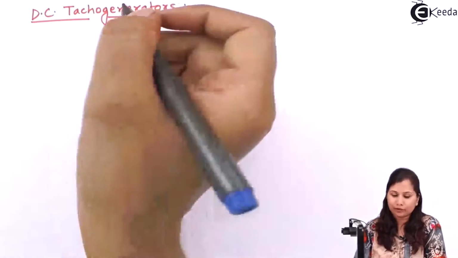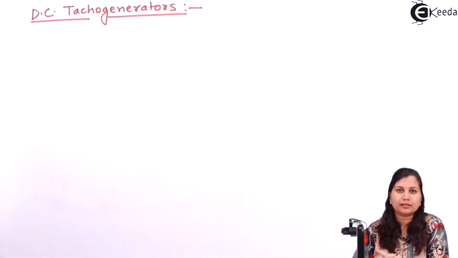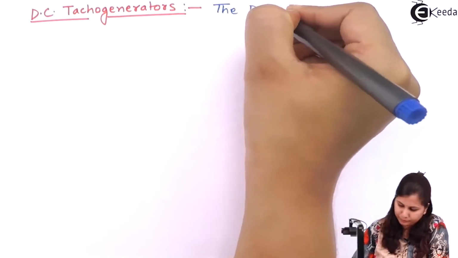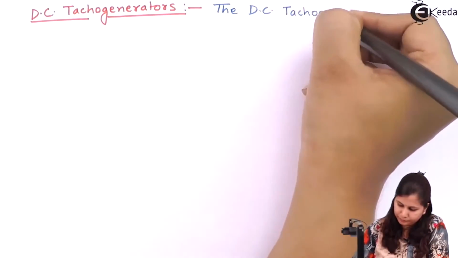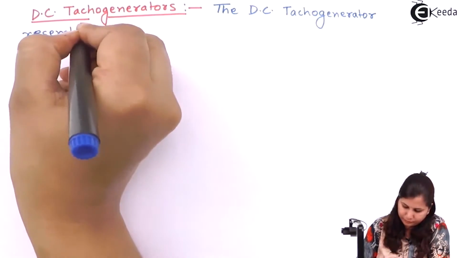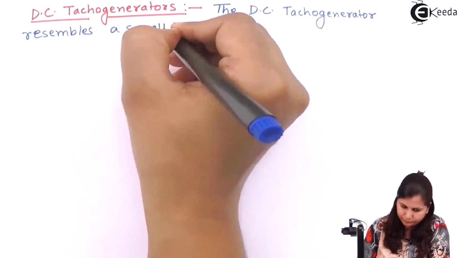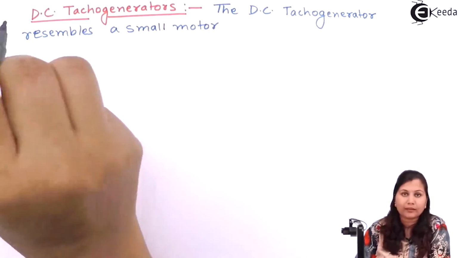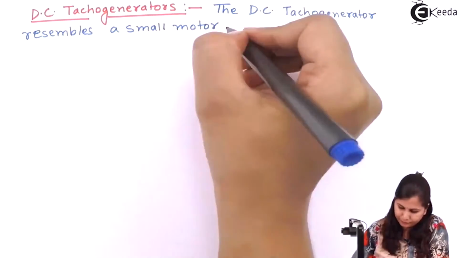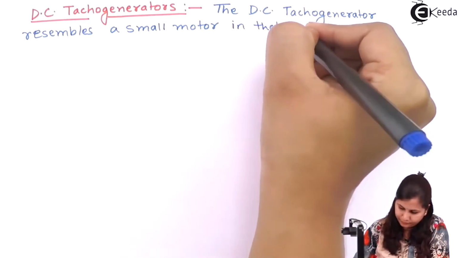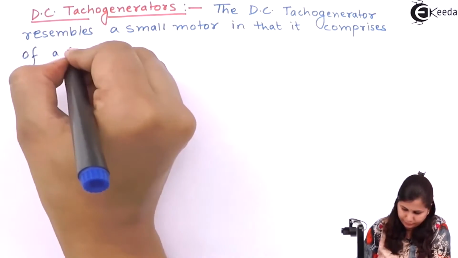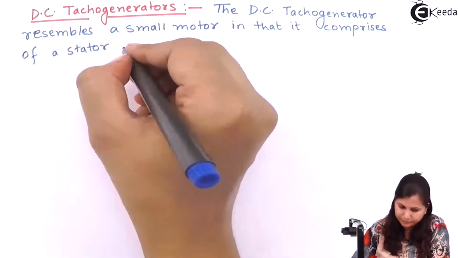The DC tacho generators resemble a small motor, and this small motor comprises a stator.